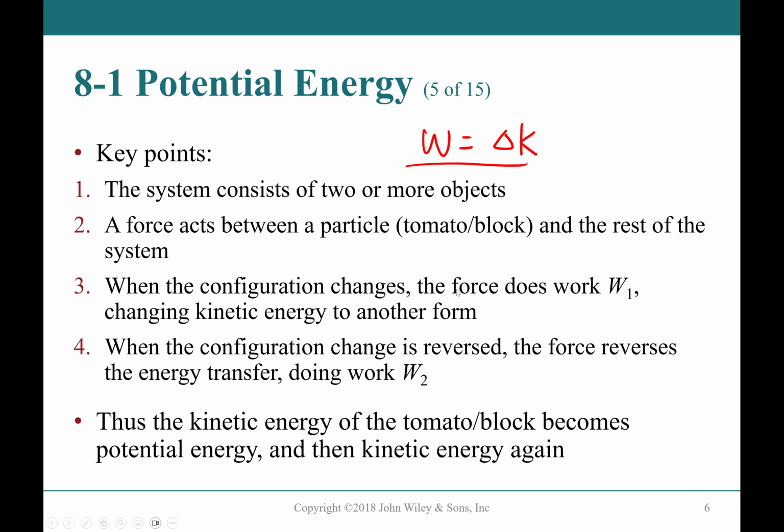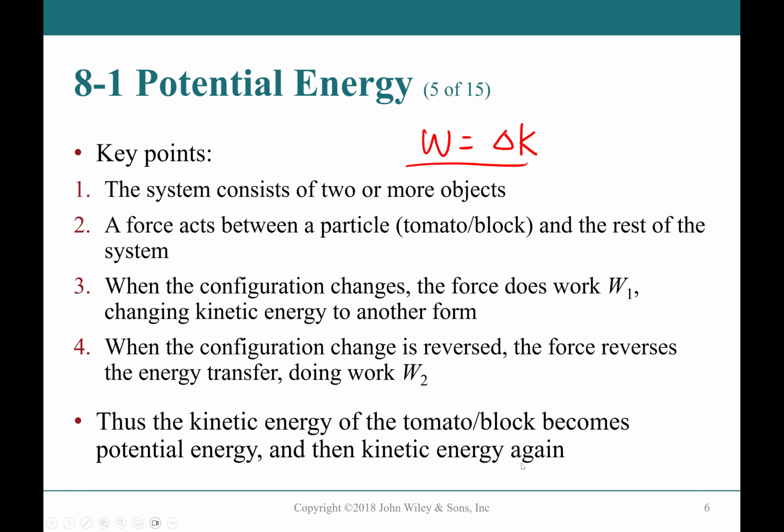So the force does work W and also changes kinetic energy to another form. And when the configuration change is reversed, the force reverses the energy transfer and does work too. So the kinetic energy of the tomato or block becomes potential energy, then kinetic energy again.